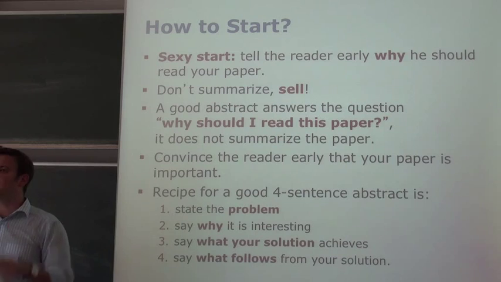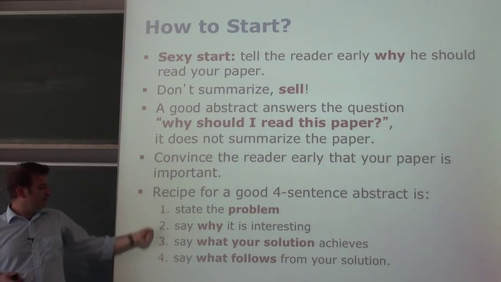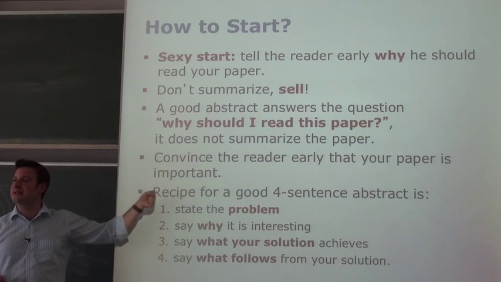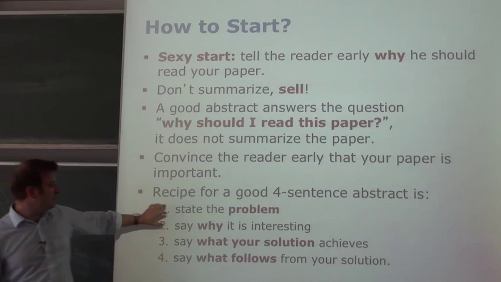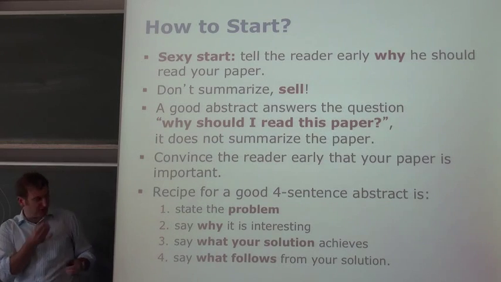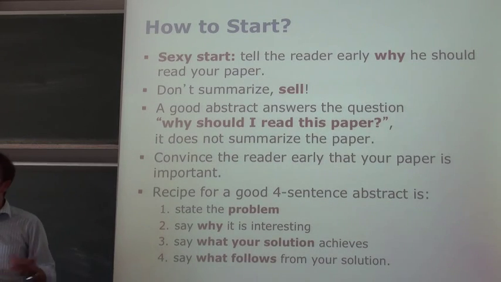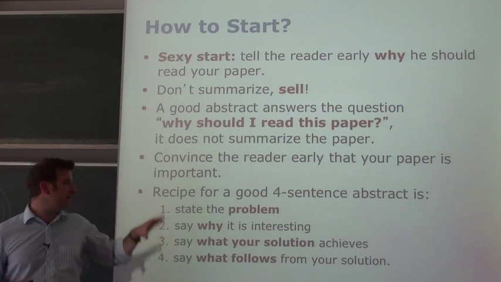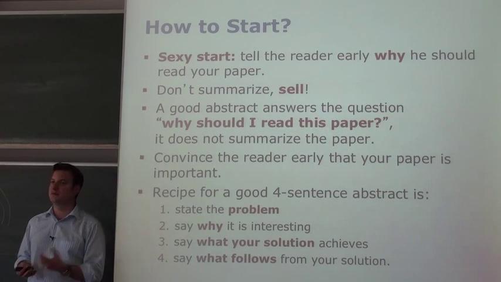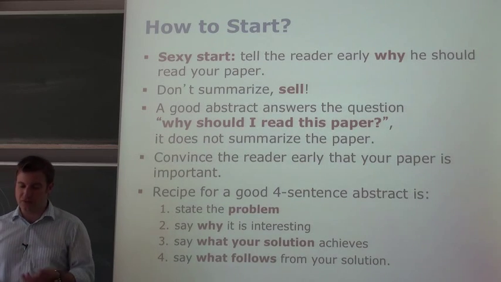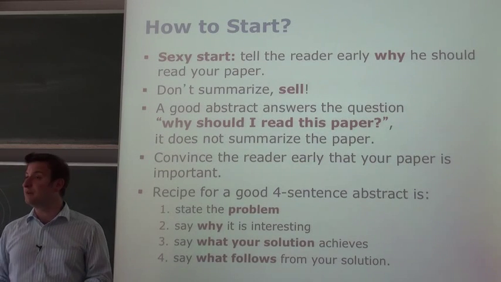The important thing is, does your abstract answer these four questions? And you typically should do that in that order. As I said, you may combine 1 and 2 into one sentence and then spend two sentences on aspect number 3 or number 4. That's all fine, but these four key things should be covered. So it's a key element, having a good start, in how to write a paper.